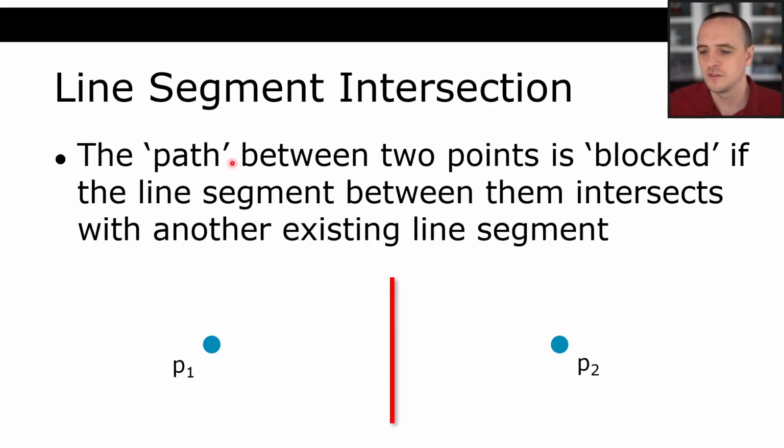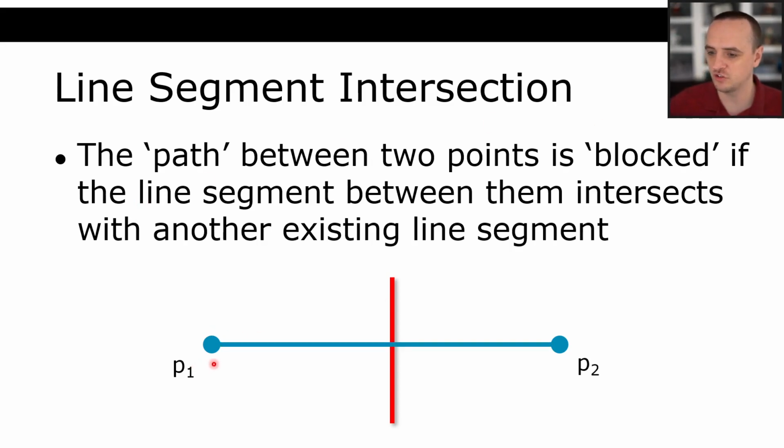The path between two points is blocked if the line segment between them intersects with another existing line segment. For example, if we draw a straight line segment between P1 and P2, and this intersects with another line segment, then it is blocked. There is no line of sight between those two things. So that's the line segment intersection problem.